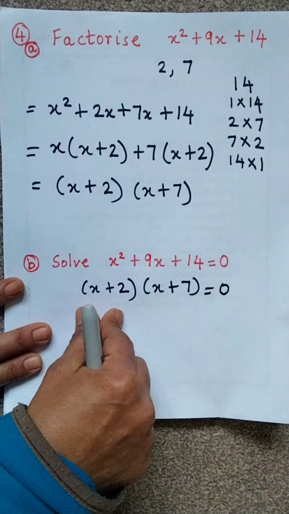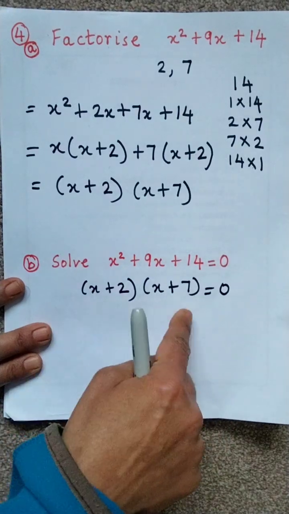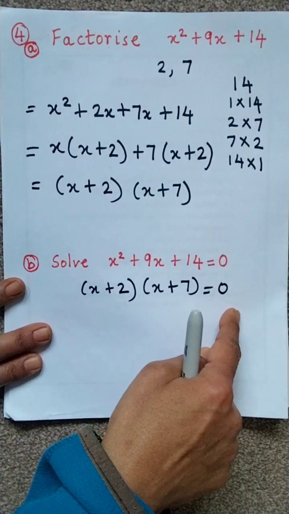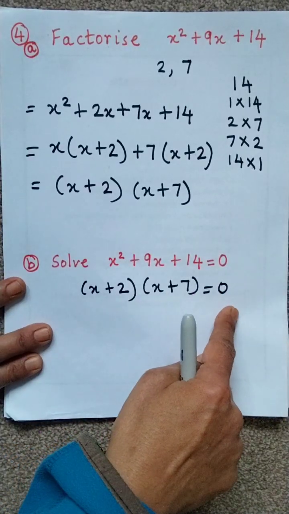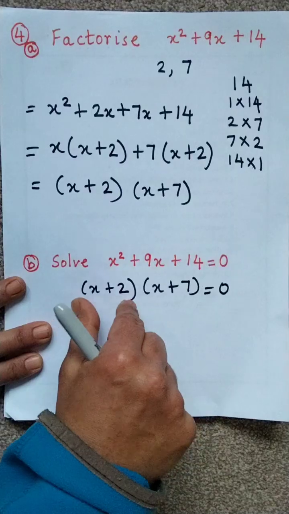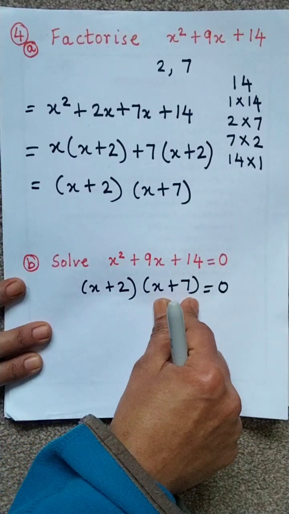So either this part should be 0 or this part should be 0. If 0 times something, the answer we get is 0. So either x plus 2 should be 0 or x plus 7 should be equal to 0.